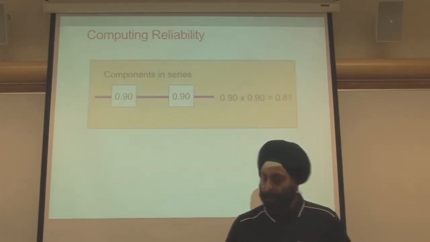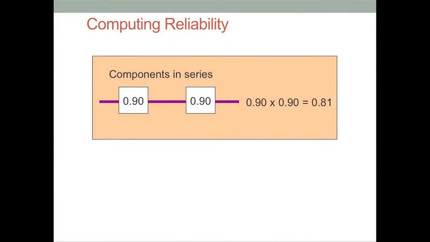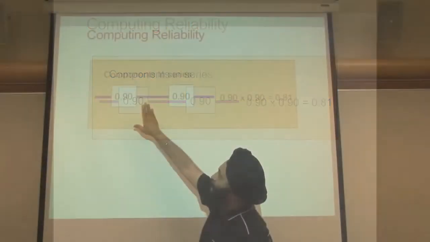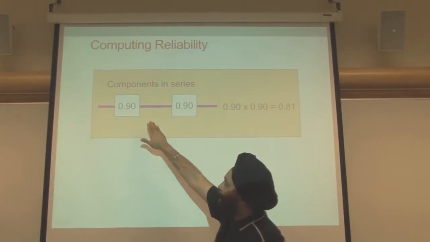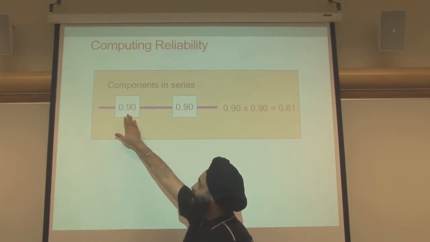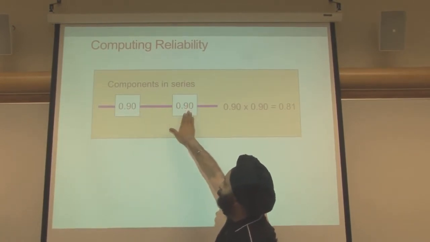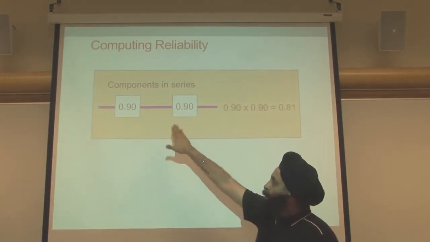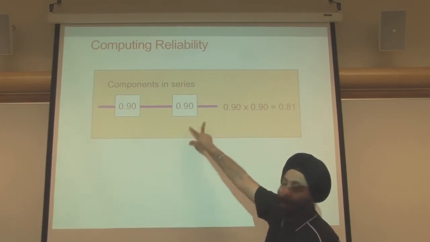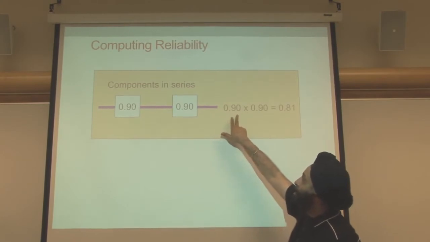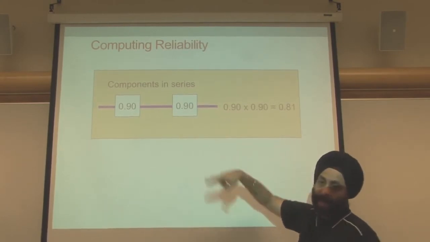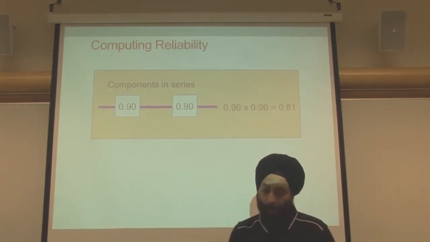Now, in terms of computing reliability, it's pretty straightforward. For reliability calculations when components are in series, say you put two components together, the first component has a reliability of 90% and the second one has a reliability of 90%. Put together, you simply multiply the reliability numbers. 90% times 90% is 81%, the new reliability.